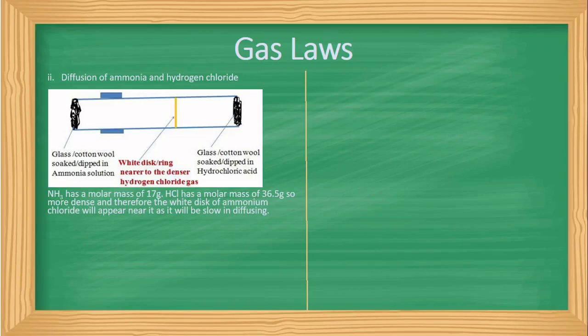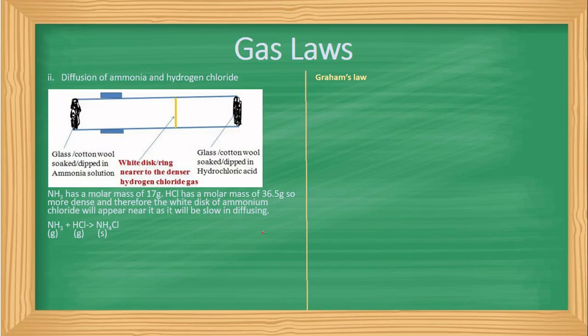Because it is slow, ammonia will come a further distance as compared to the hydrogen chloride, because hydrogen chloride is heavier than ammonia, and that is the reaction that happens to form the white ring, which is ammonium chloride.